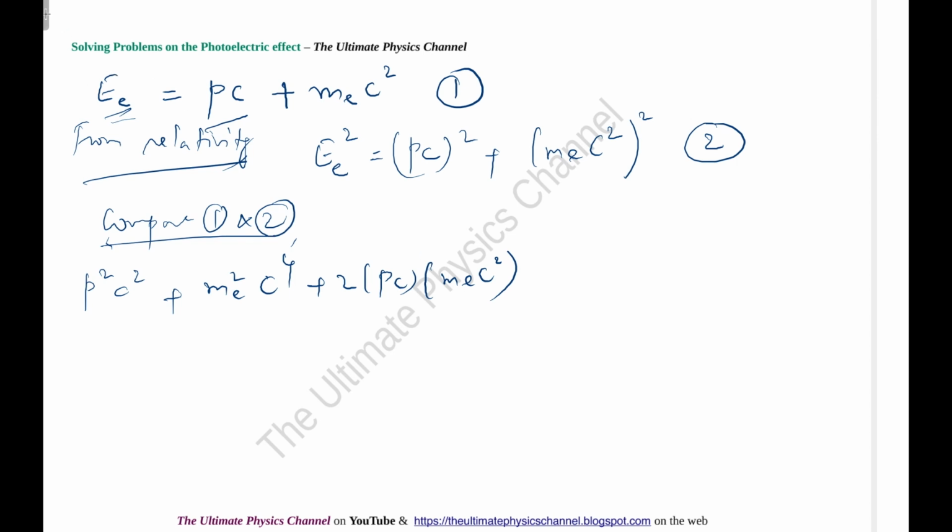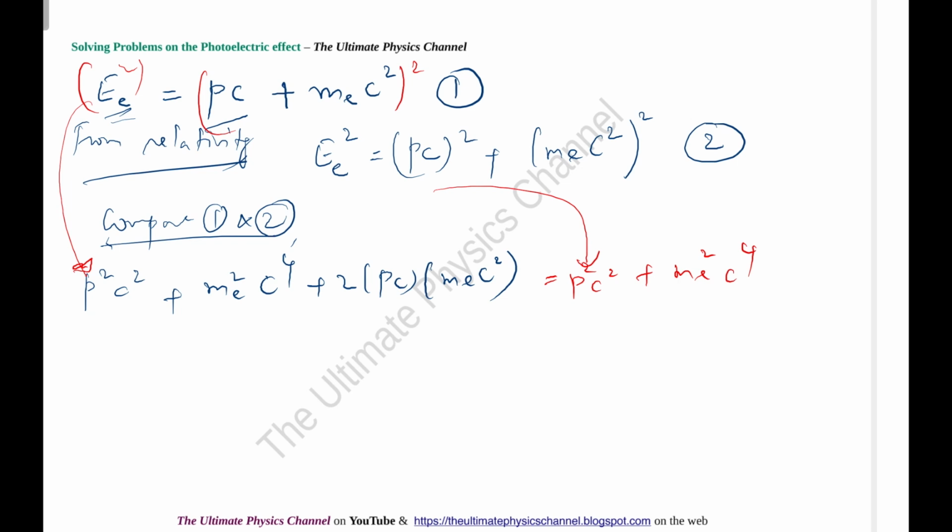This is the effect of squaring equation 1. And on the right hand side we would have p squared c squared plus me squared c power 4.